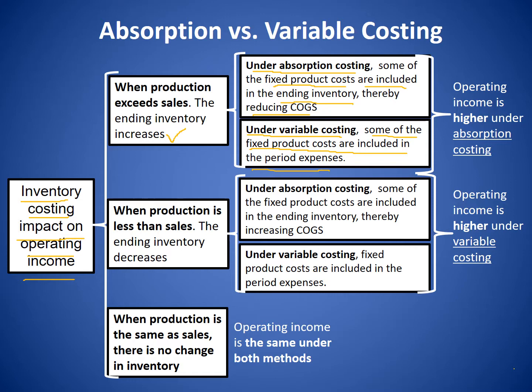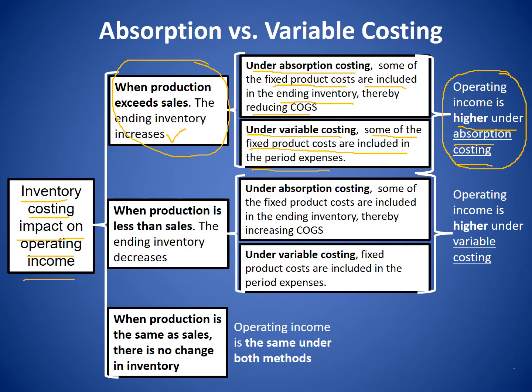Therefore, if we take a look at operating income, it is higher under absorption costing under these conditions. So when production exceeds sales, the ending inventory increases and operating income is higher under absorption costing.